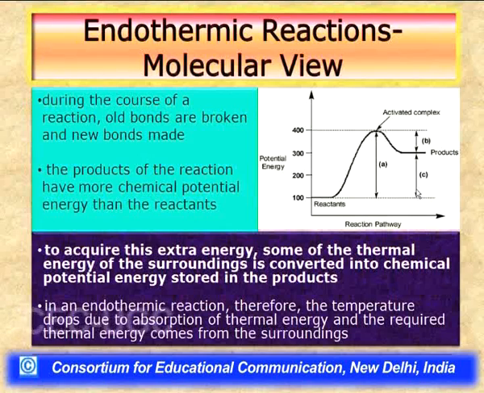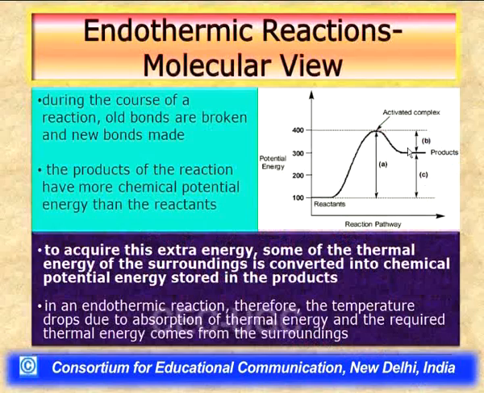So, there is an increase in potential energy corresponding to this region. We can easily see that the potential energy of the reactant is lesser and the potential energy of the product species is higher. So, it means when reactants in these kinds of reactions transform to products, the potential energy of the reaction system increases.